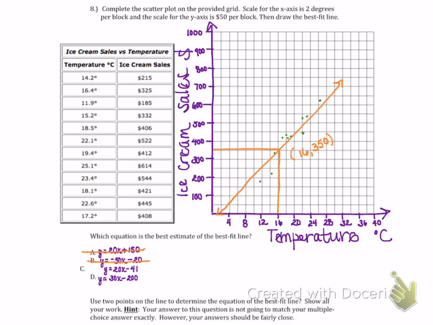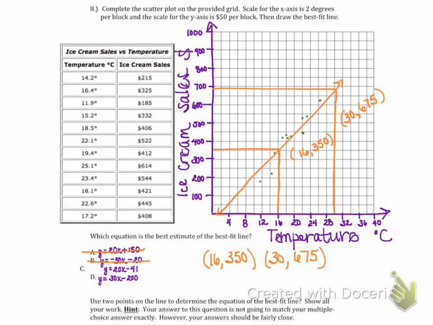And another one that looks to be decent would be maybe 30 for the x, and that looks to be halfway. So 30, comma, 675.